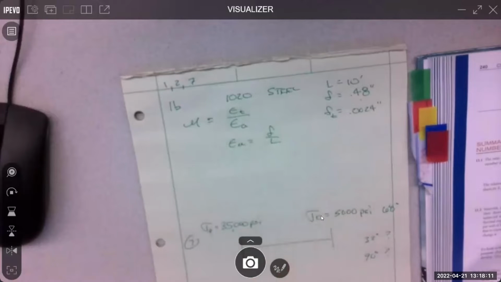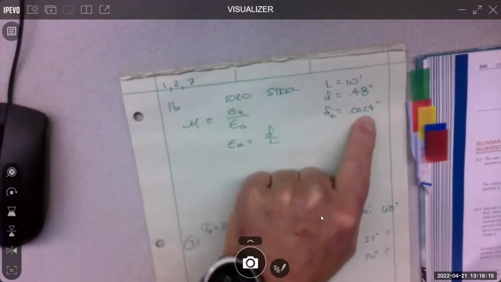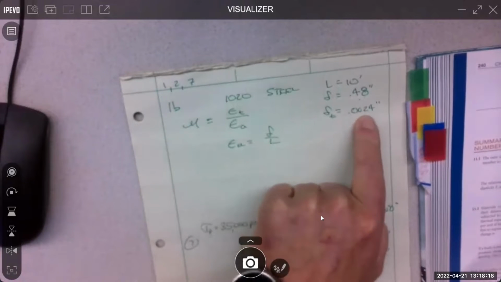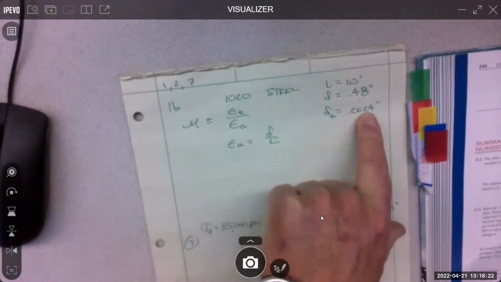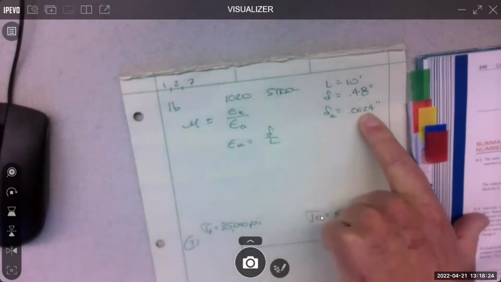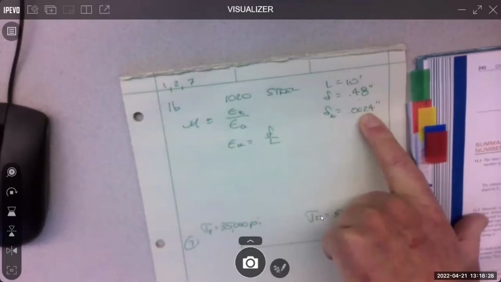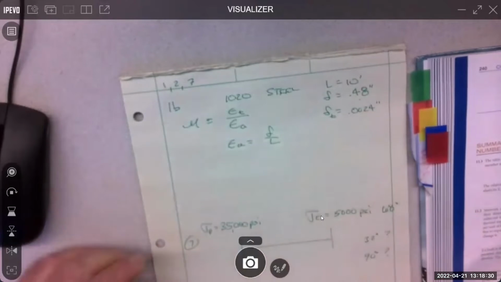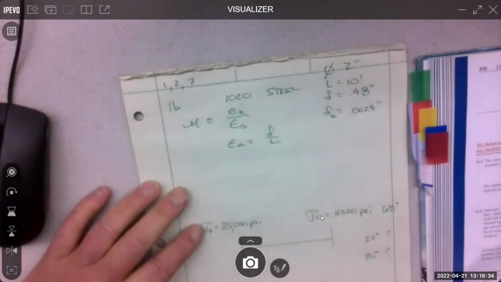So, all right, because they gave us this transverse, I probably am going to have to go back and do part A to get the, because I don't think it gave us the diameter of the rod. Oh, it did, 2-inch diameter. So we're good. Diameter 2 inches.